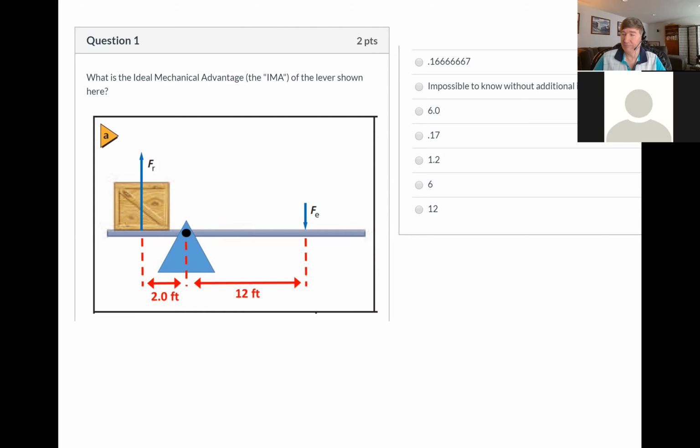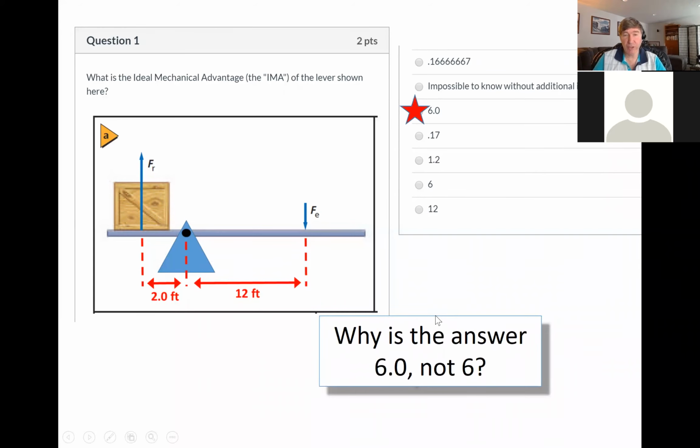I see one person saying 6, and the other person saying 6.0, which is exactly the reason why I chose the suggested answers that I did. So John and Marshall, why do you suppose the answer is not 6, but 6.0?